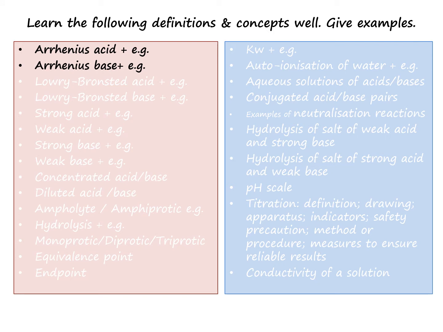An Arrhenius acid is a substance that produces hydrogen ions (H+) or hydronium ions (H3O+) when it dissolves in water. An example: HCl + H2O → H3O+ + Cl−. An Arrhenius base is a substance that produces hydroxide ions (OH−) when it dissolves in water.